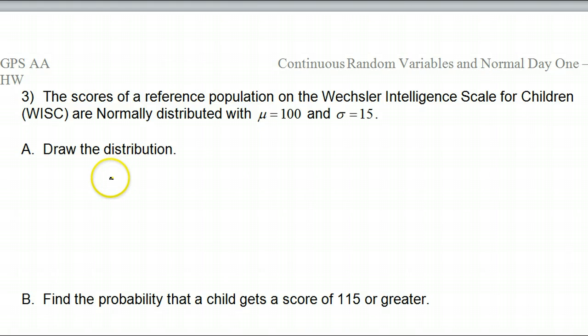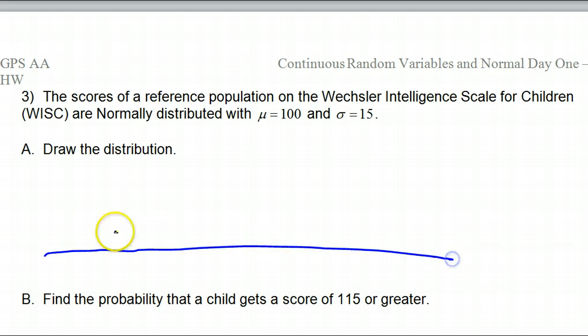All right, let's see, the scores of a reference population on the Wechsler Intelligence Scale for Children, the WISC, are normally distributed with a mean of 100 and a standard deviation of 15. Draw that, okay? It's going to be something like this.